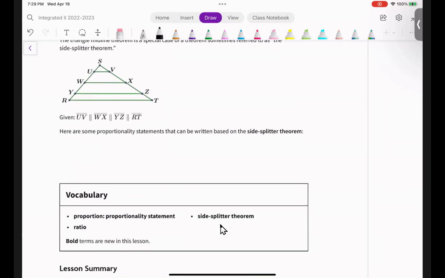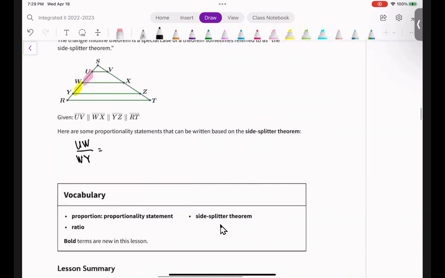You could say something like UW over WY is equal to, no, I did this little section over this little section, right? So then what would be on the other side of this equation? What actually has to be on the other side of this? Hopefully you said VX over XZ. Okay, that's one of them that you could say.